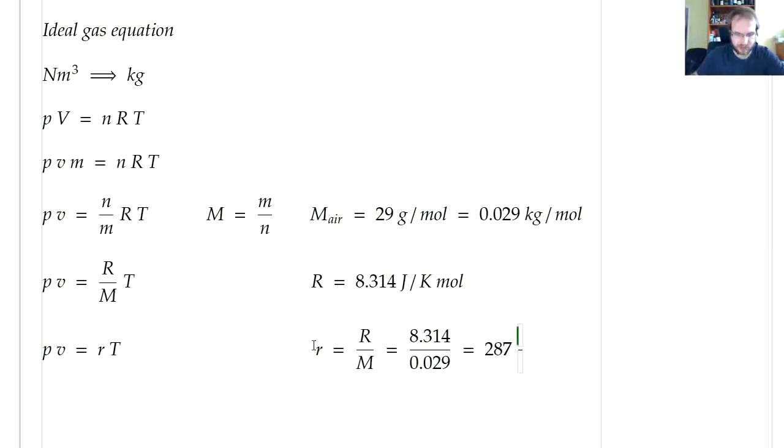The R is joules per Kelvin and mole, and the M is kilogram per mole, so it's mole and kilogram, and you see the moles cancel out, and the specific gas constant is then in units 287 joules per Kelvin and kilogram.